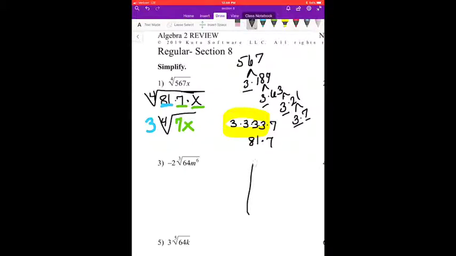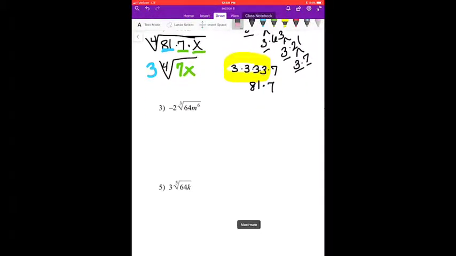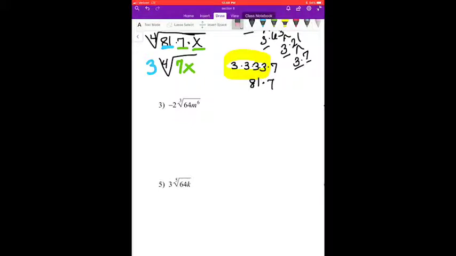right, look at number 3. All right, on this one I have a number already outside the radical. It has a coefficient, right? So anything I take the cubed root of, I have to multiply by the number that's already out there. No big deal. So is 64 a perfect cube?